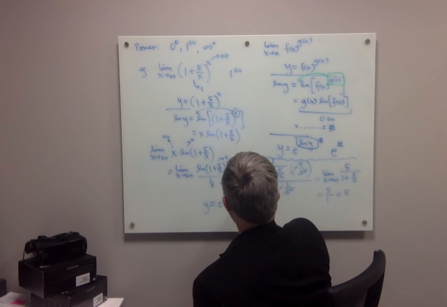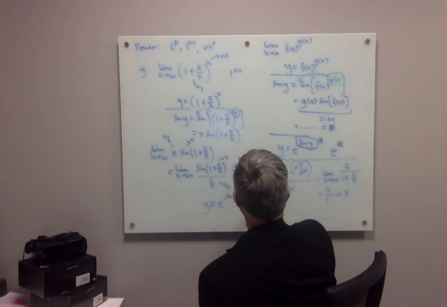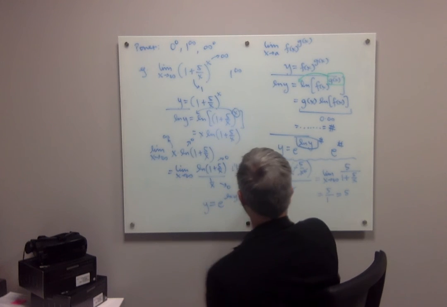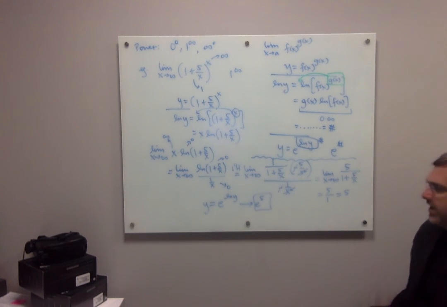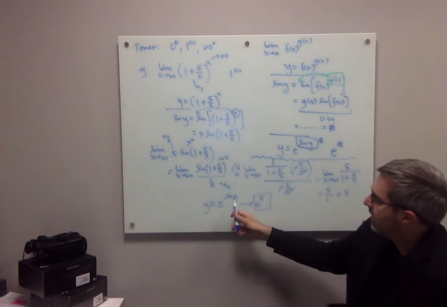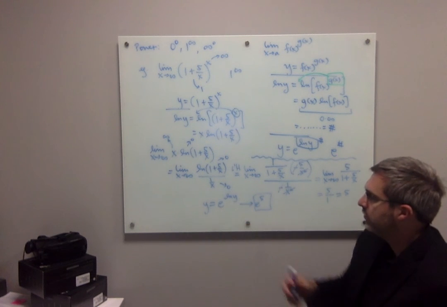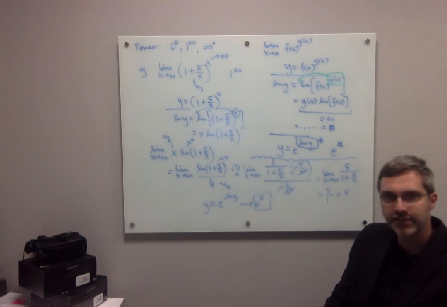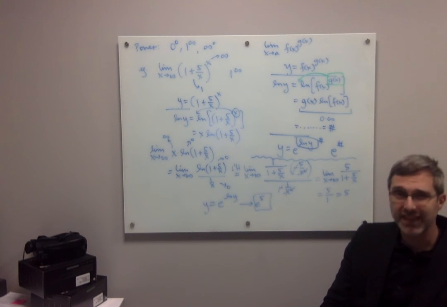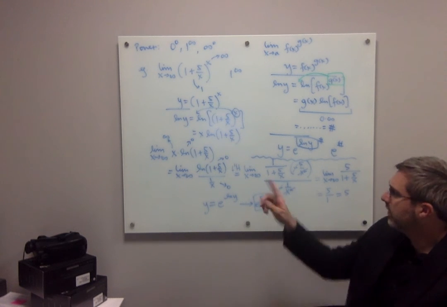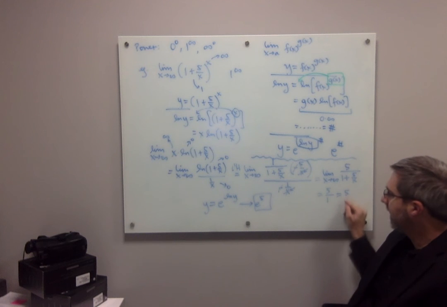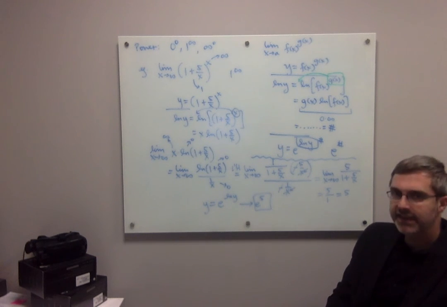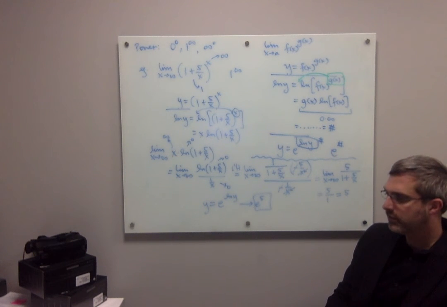So you have to make sure that you take e to your final answer. The final answer is actually e to the 5, not 5. Because you figured out where natural log of y is going, but you still need to figure out where y is going. So you have to take e to that last answer. Many times students forget that. Okay? So don't do all this work and then circle that answer without taking e to it. That's something that's super, super important.